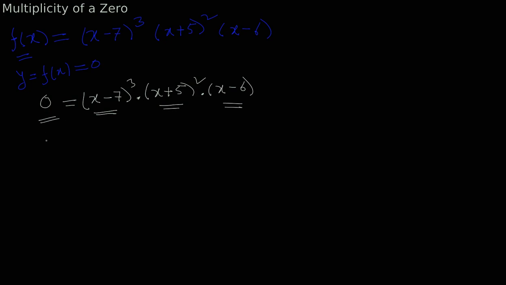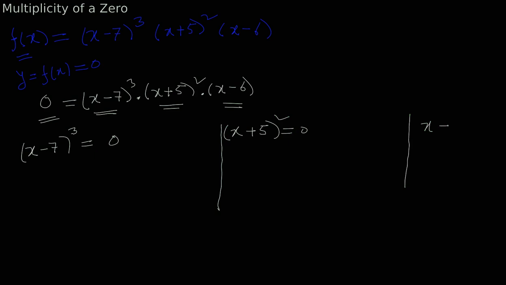So in this case I can write each mathematical expression: (x minus 7) cubed equals 0, and/or (x plus 5) squared equals 0, and/or x minus 6 equals 0.